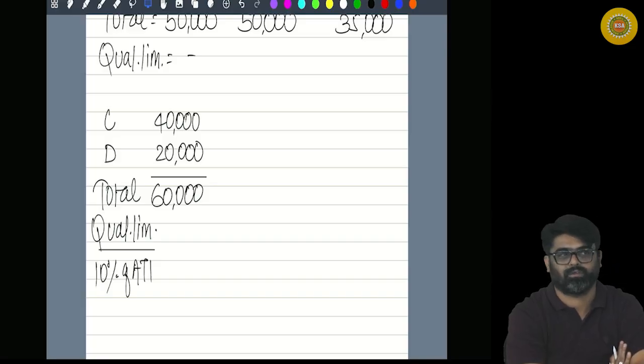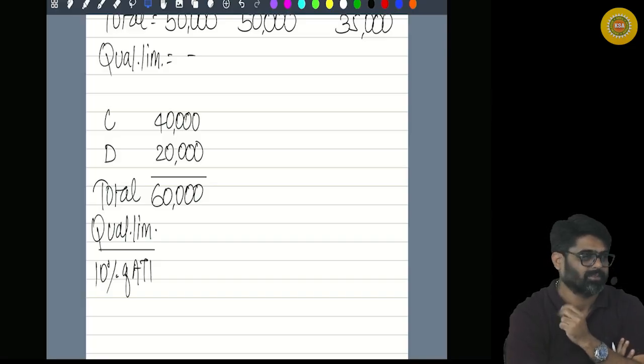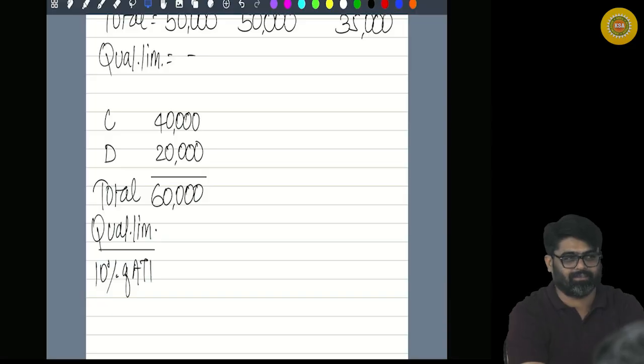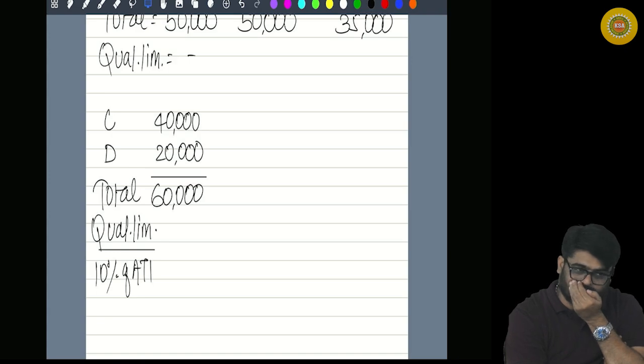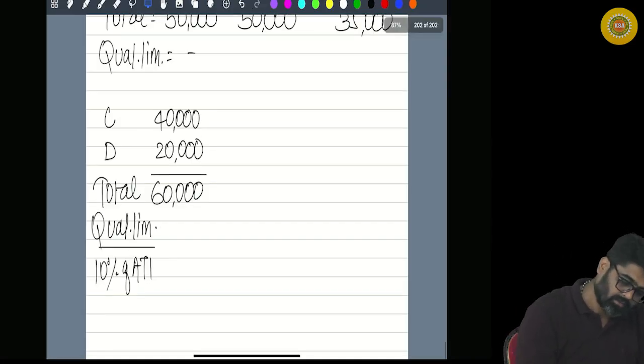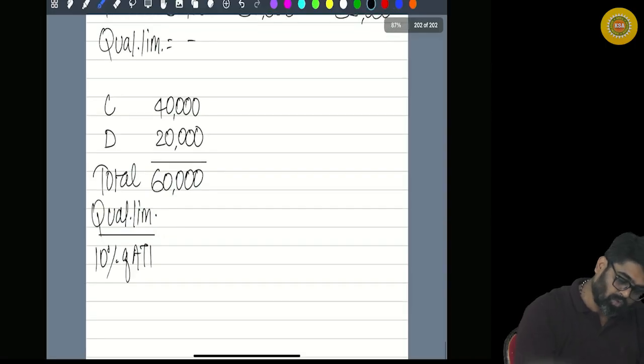But wait. This is not interesting. Adjusted total income was 5 lakhs. 10% of that? Excellent. So both taken together cannot qualify more than that.